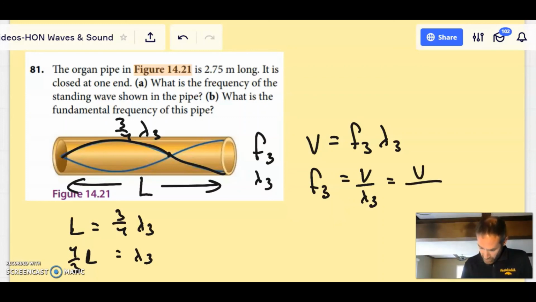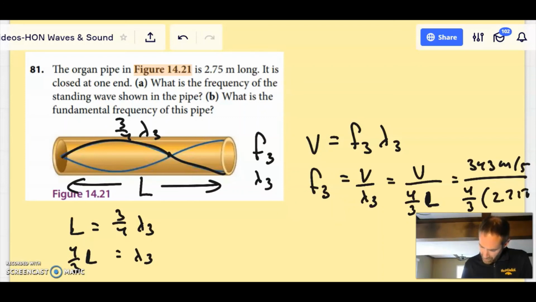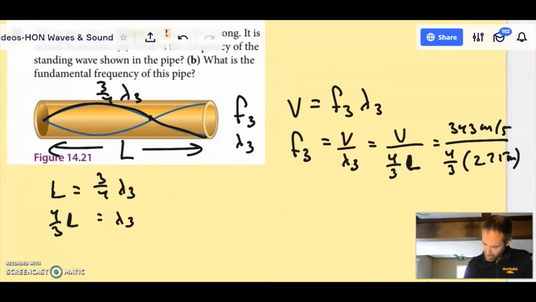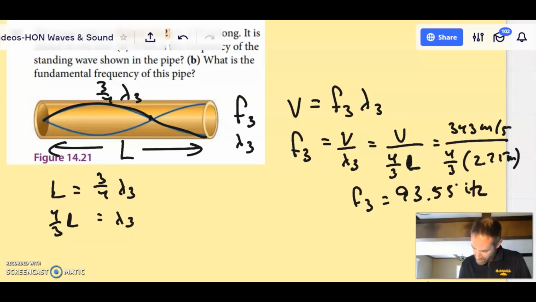And so 4/3 of the length of the tube, that's going to be 343 meters per second divided by 4/3 of 2.75 meters. And if you run that in the old machine, you're going to get a frequency of 93.55 hertz, 3 sig figs on that.